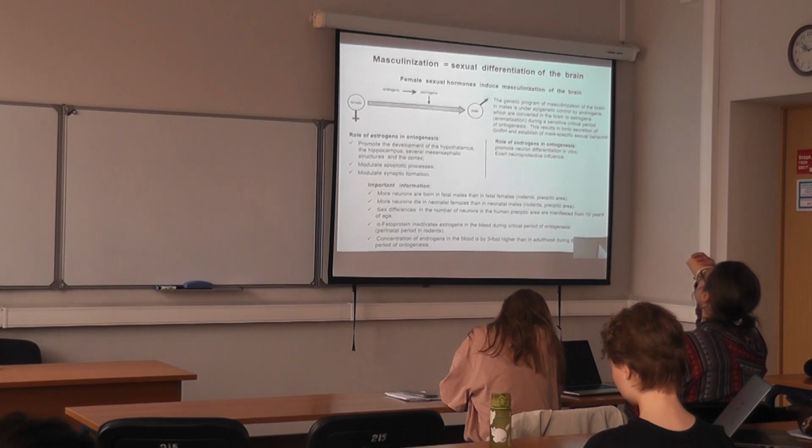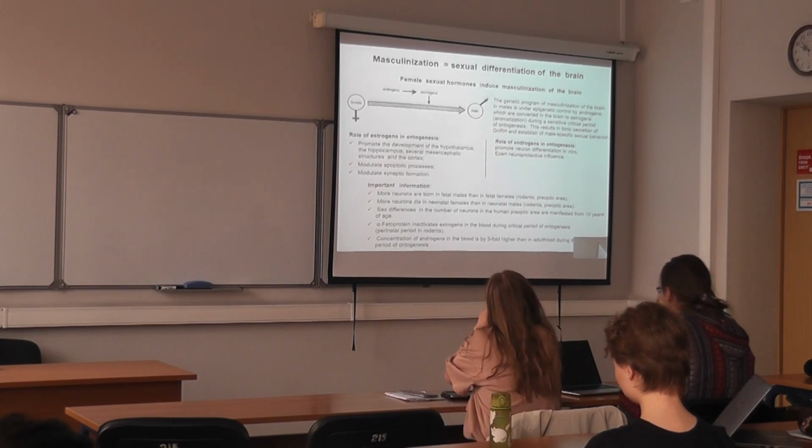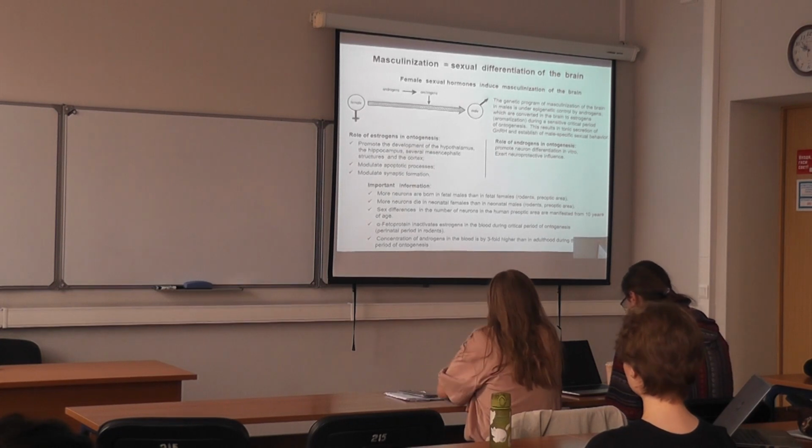So it could happen during abnormal development that there is a high concentration of testosterone in females. And in this case, the brain of the females will be converted to the brain of males. You understand?